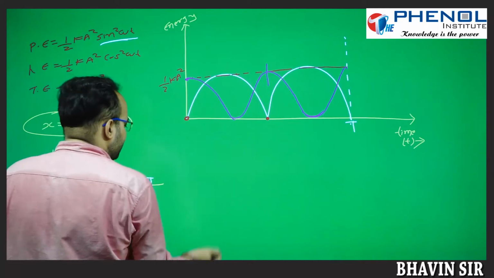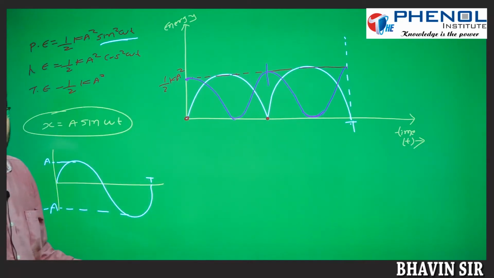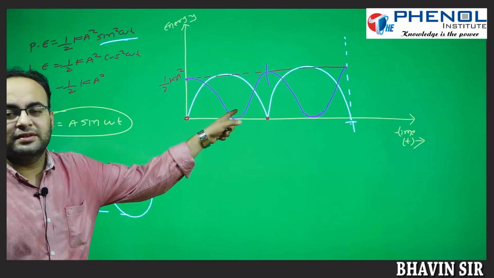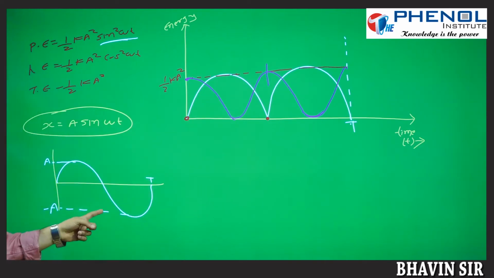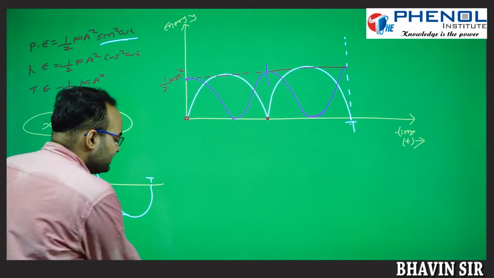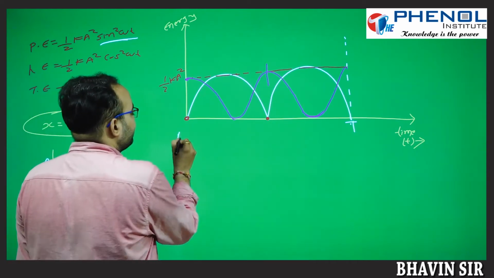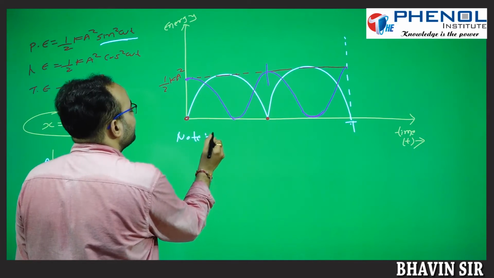So see students, as we know, in kinetic and potential energy, 2 cycles are completed. During the same time in the displacement, 1 cycle is completed. So what is the frequency? This is a very important note, students.